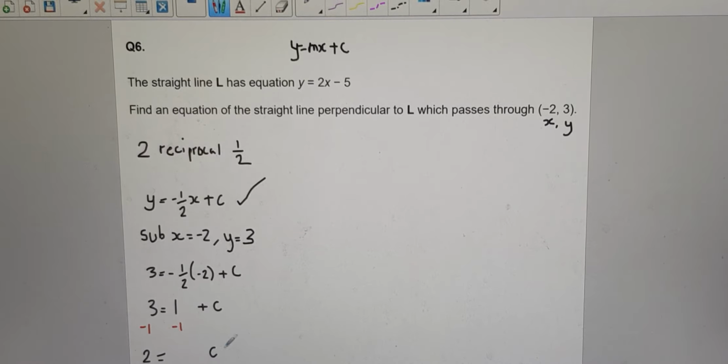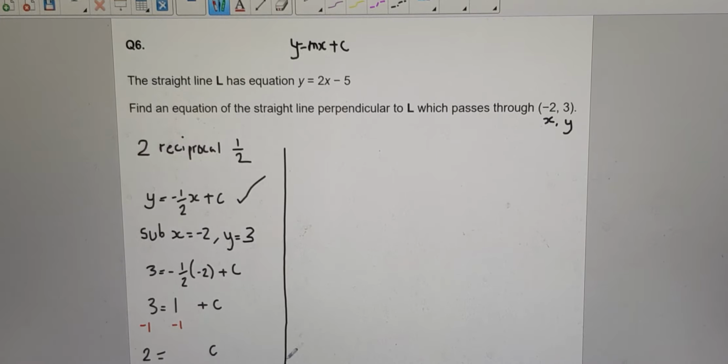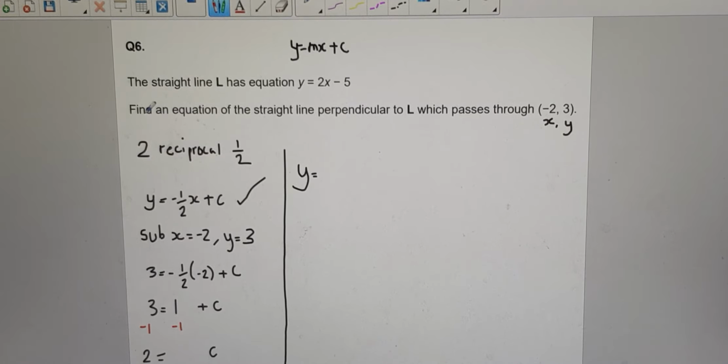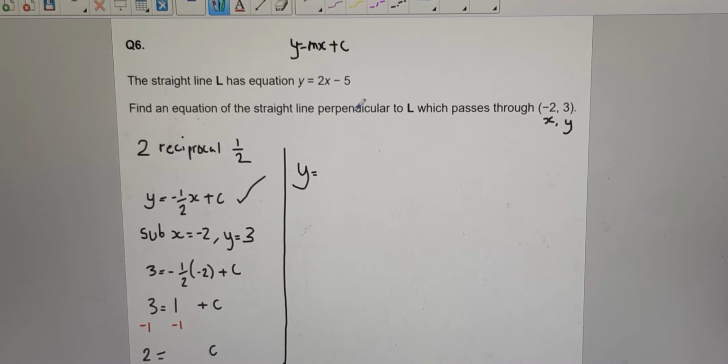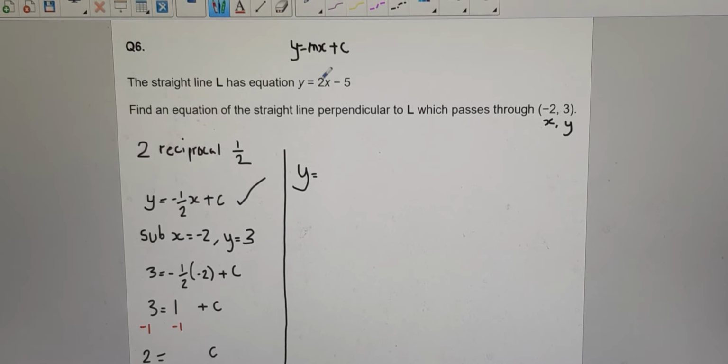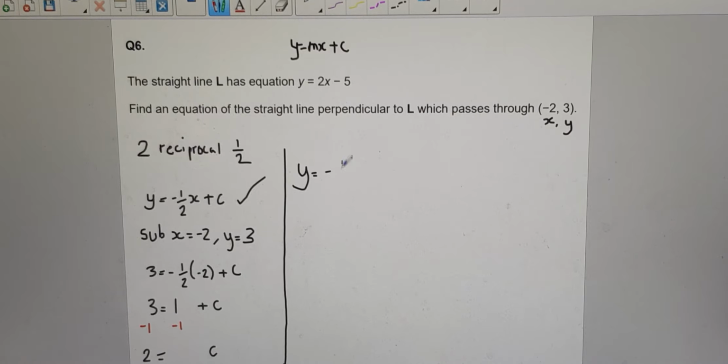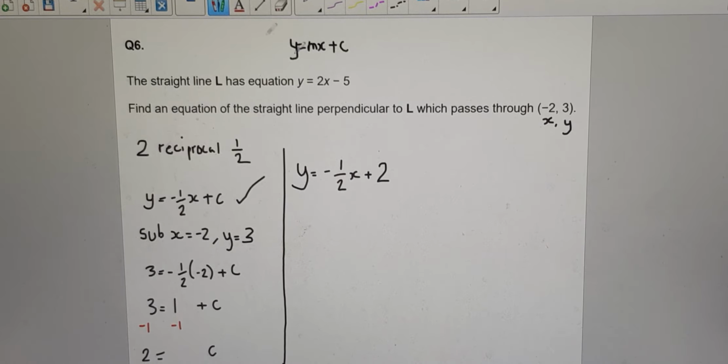This is my c. I know things will be expressed in the form y equals mx plus c. My perpendicular gradient to 2 is negative 1/2, so y equals negative 1/2 x, plus my y-intercept, which I've worked out by substituting in the coordinates given, is positive 2. And there we are, that's how we do question 6.